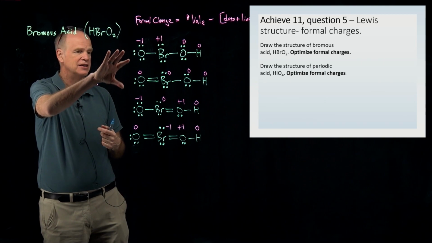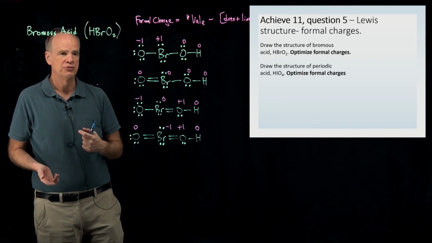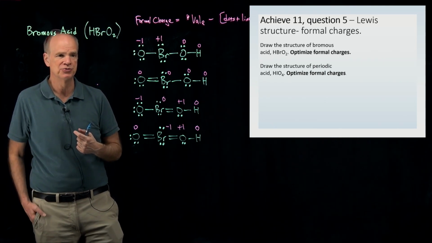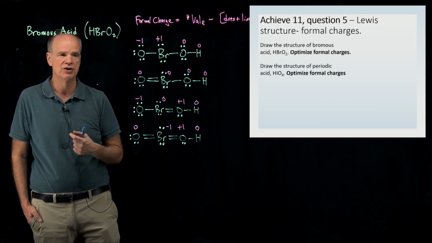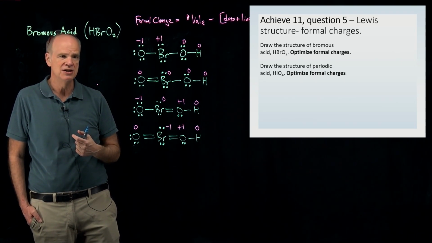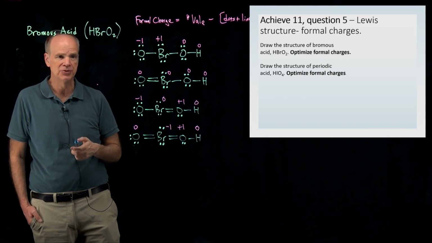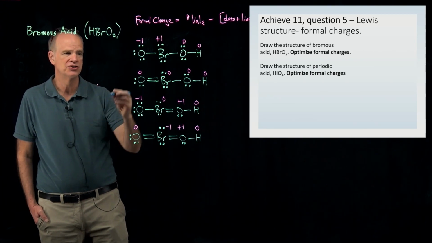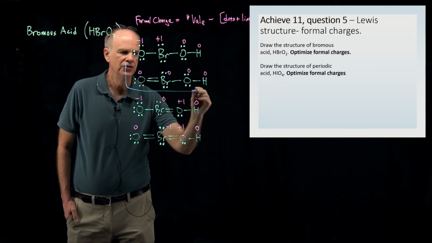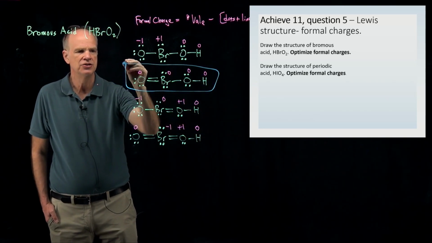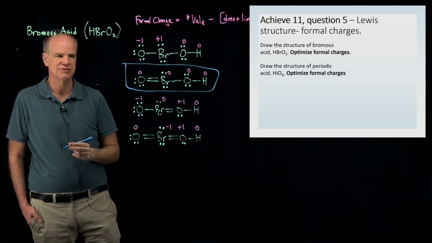And so you can see of these 4 structures, 3 of them have atoms with some kind of formal charge, a -1 or a +1. But there's one here that has all the atoms with 0 or no formal charge. It's this one. So this is the structure that your assignment wants, okay?